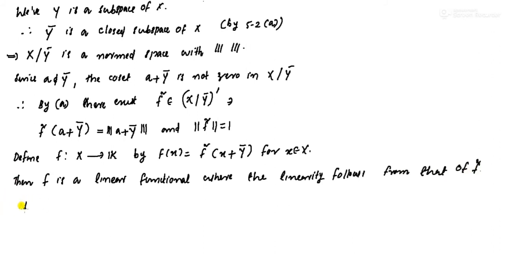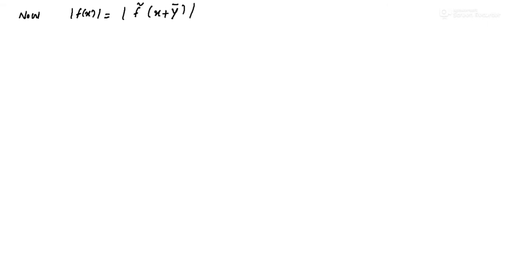Now mod f of x is equal to mod f tilde of x plus Y closure, since f of x equal to f tilde of x plus Y closure. Which is less than or equal to norm f tilde into quotient norm of x plus Y closure. This is since f tilde is bounded.